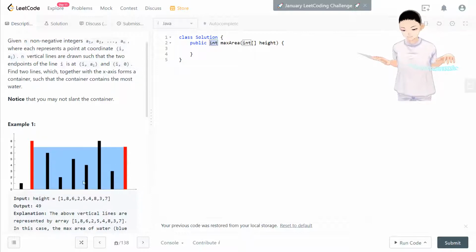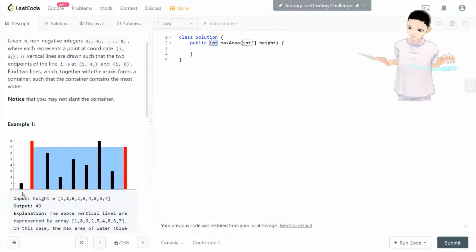The height of this one is 7, and they can't go over it, the water will just leak from here. So they can trap at most 7 as height, and the length between them is 7. So 7 height, 7 width, and the area of water they can trap is 49.